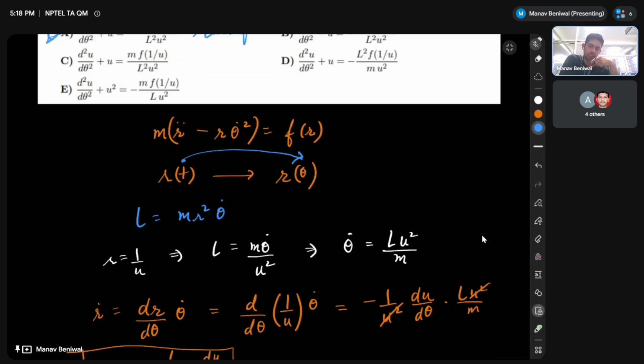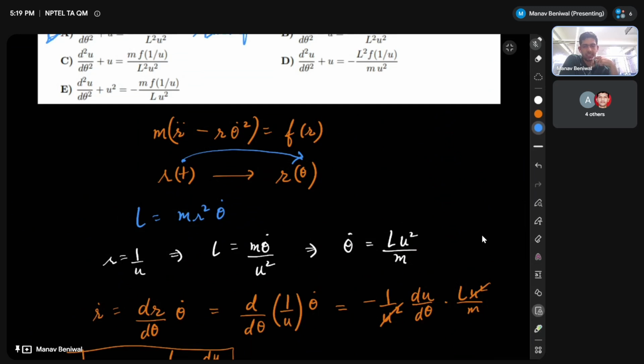I just know that doing this substitution makes it very easy to get the final result. There would have been some very intelligent person who thought, if I substitute r as 1 by u, I'll get a fairly concise equation.